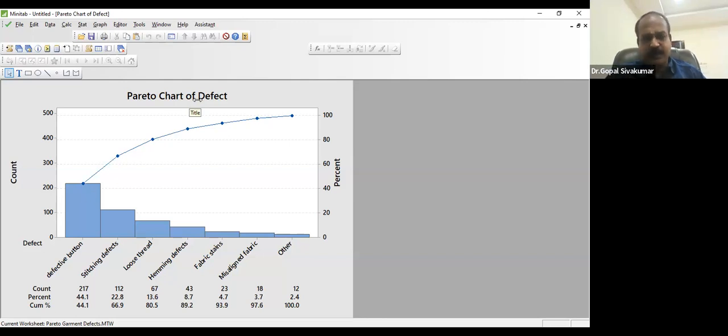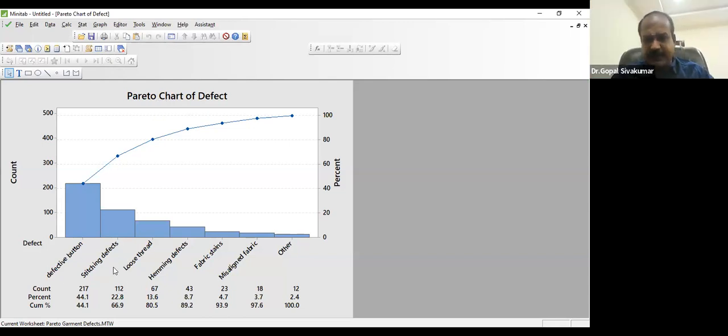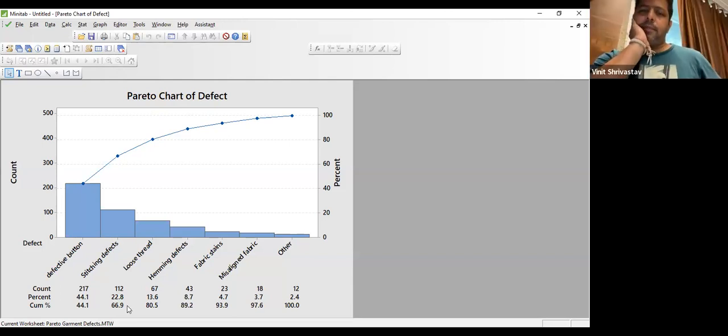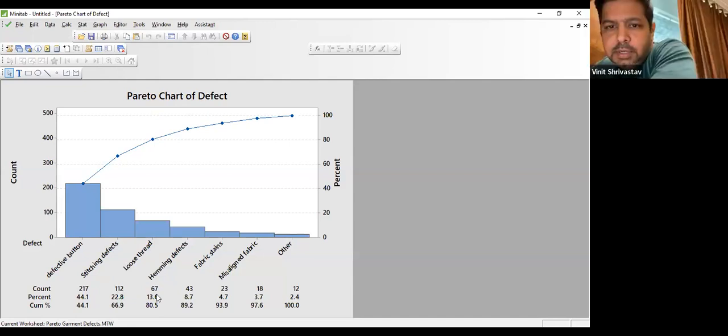And it is Pareto. Now, second defect, frequency is 112. What will be its contribution? Stitching defects, 22.8%. Defective button and stitching defects together, what will be the contribution? 66.9. This is called cumulative percentage. 1 and 2 together contribute 66.9. 1, 2, and 3 together contribute how much? 80% cumulative.